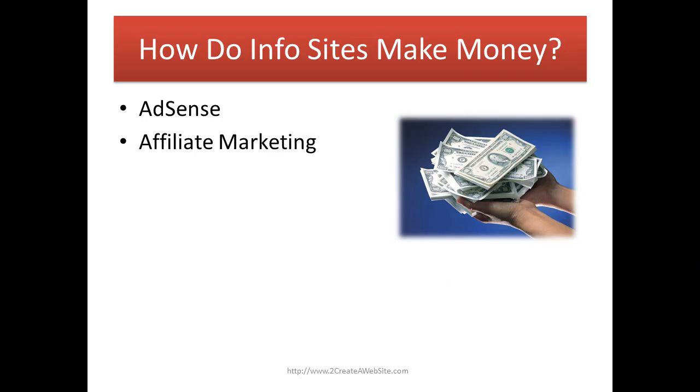Okay, another way you can make money from your site is affiliate marketing. And this is actually one of my favorite ways to make money online. I actually made my first dollar on the internet back in '98 with Amazon.com's affiliate program. And affiliate marketing is basically you refer a product or service from your site, and if a sale is made, you get a commission, a percentage, or a flat fee from the merchant, the company that sells the product or service.